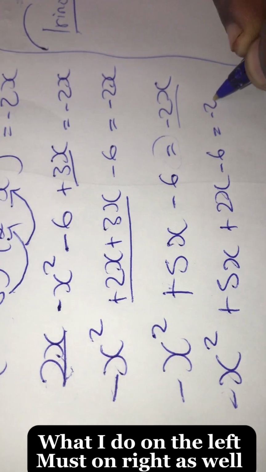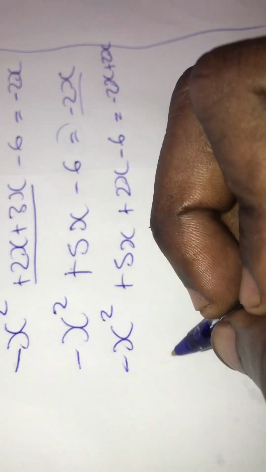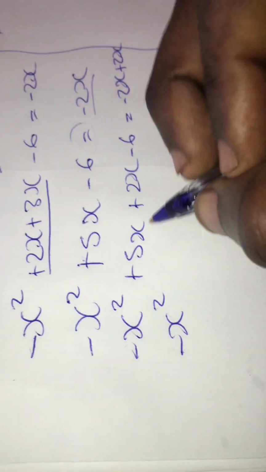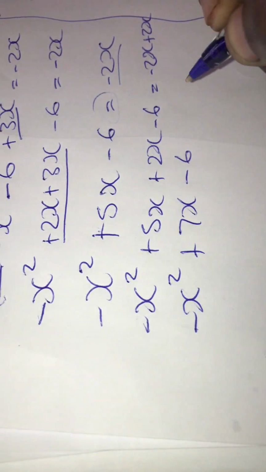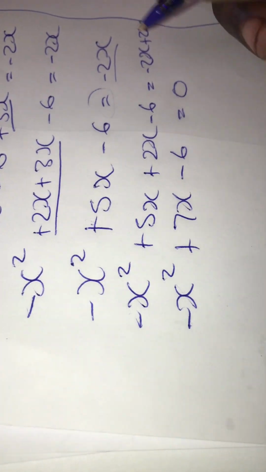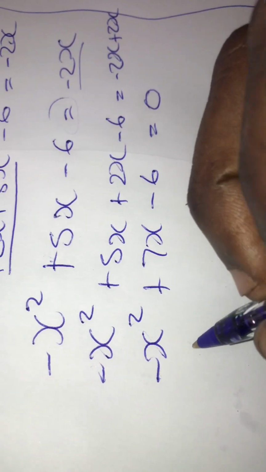It equals negative 2x plus 2x. Then we sum our expression. We're going to have what? Plus 7x minus 6. It equals 0. Divide by negative so that our highest degree can be positive.